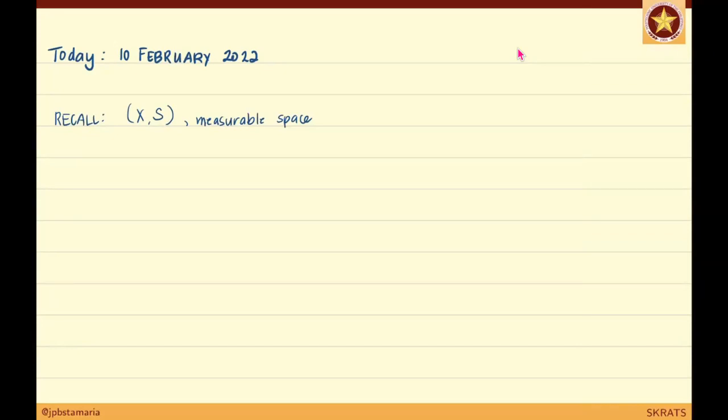Yun yung mga sets na measurable, yung mga nasa S. Kung nilalagay natin sa S, yung mga tinuturing nating mga measurable na sets. Normally, gusto natin yung mga measurable sets na to, they form a sigma algebra.